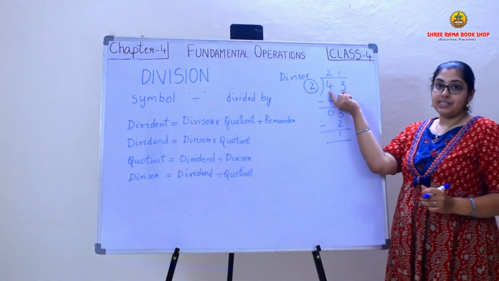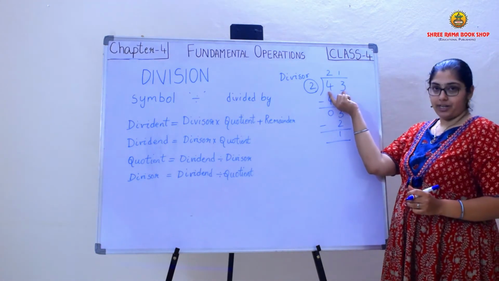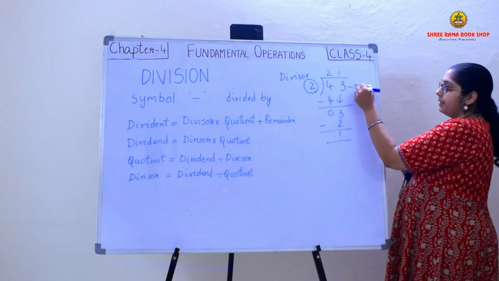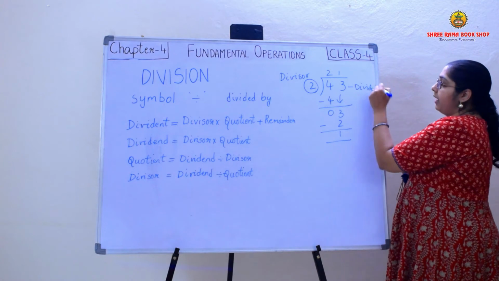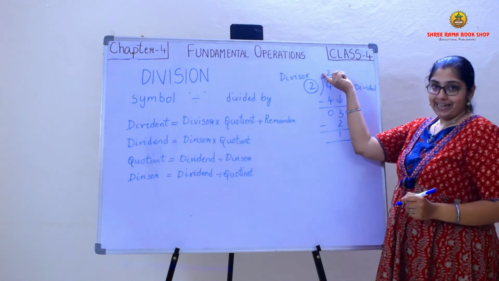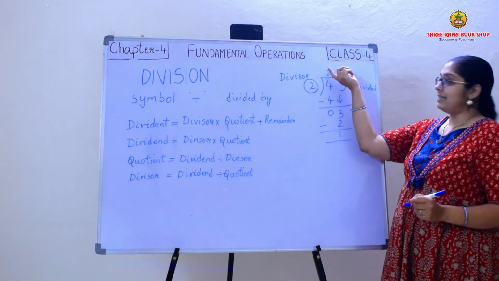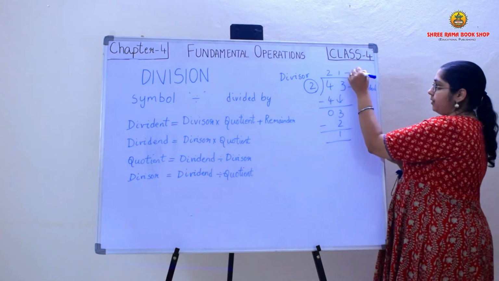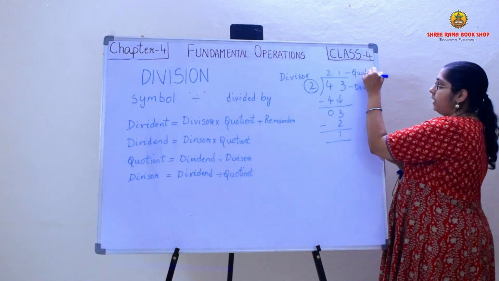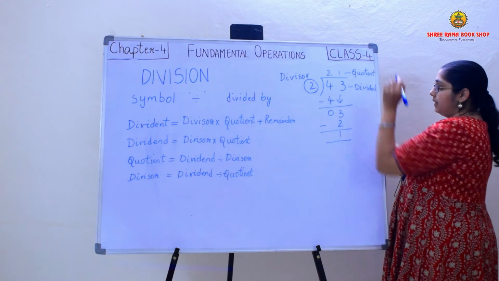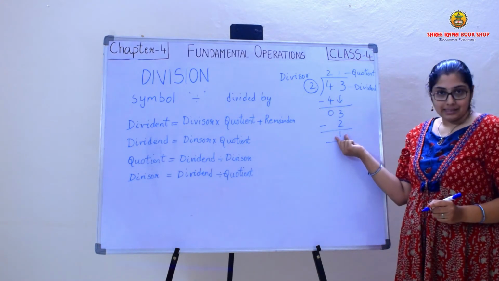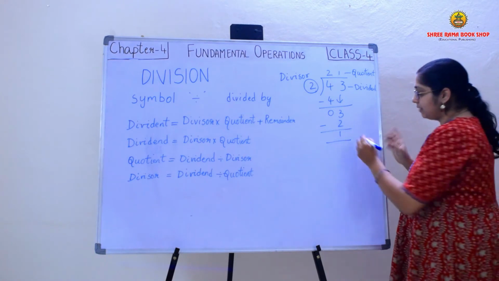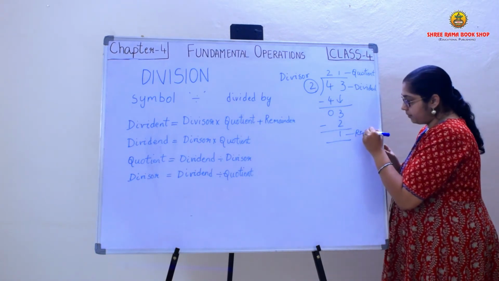The number which is divided, here it is 43, is the dividend. And the number which we get after the division is nothing but the quotient. And after repeated subtraction, the leftover answer which we get is nothing but the remainder.